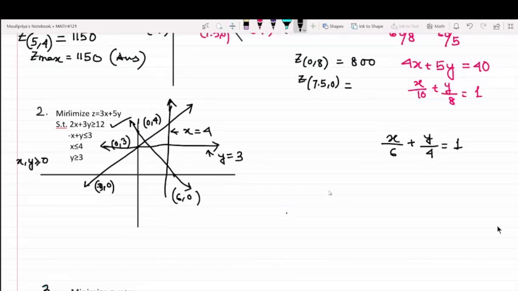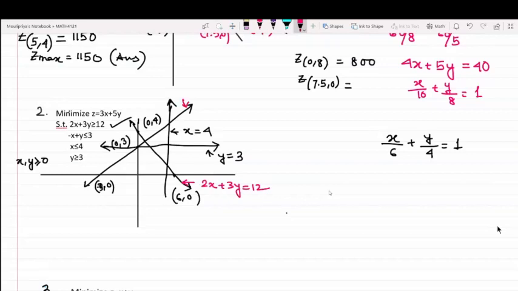Okay. So tell me which is the region right now. What we can do is, for the first constraint, if I replace x and y by 0, 0, that is the origin. This is the line 2x plus 3y equal to 12.